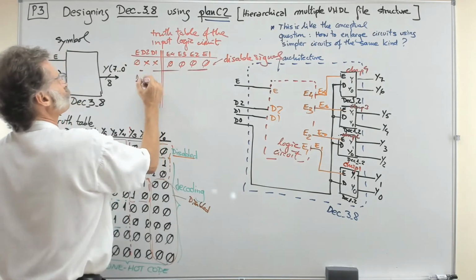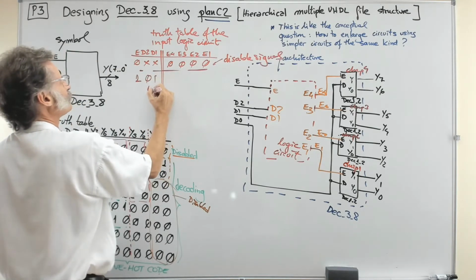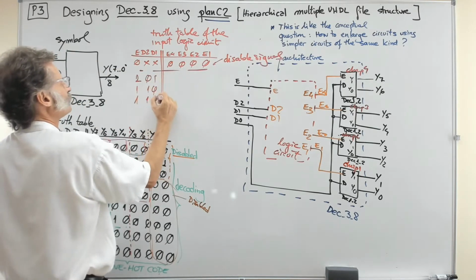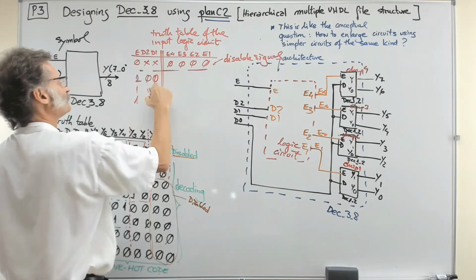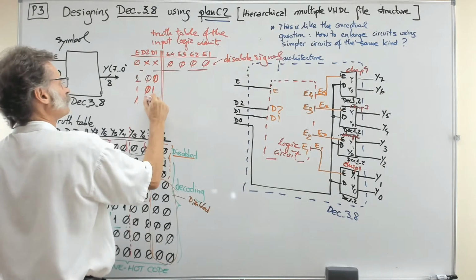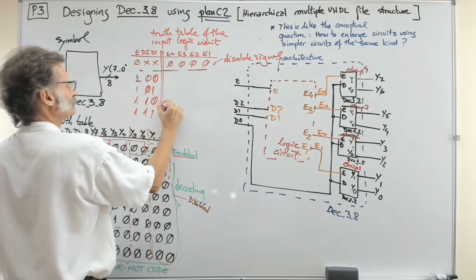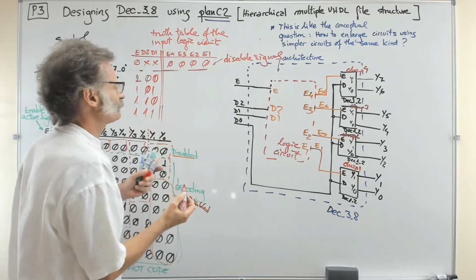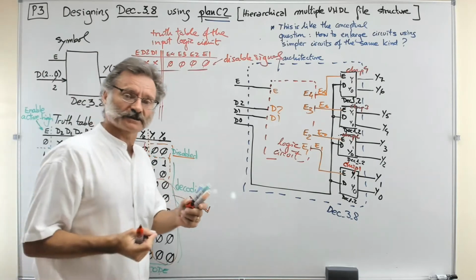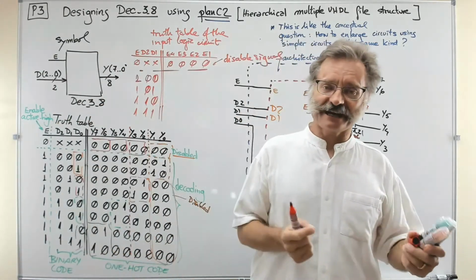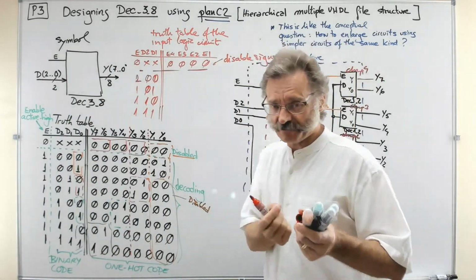If you keep a 1 here, 0, 1, 1, 0, and 1, 0, 0, and then 0, 1, and then 1, 0, and finally 1, 1. Very well. So now you like that what? One of them works while the others are kept zeroed, are kept disabled.